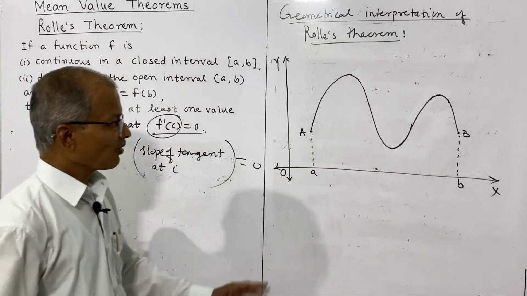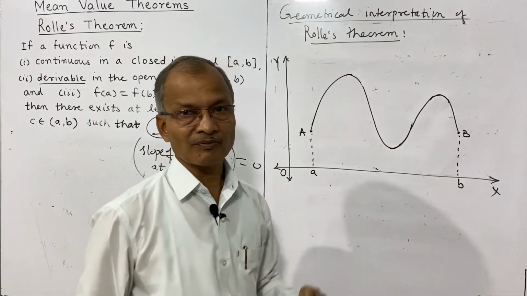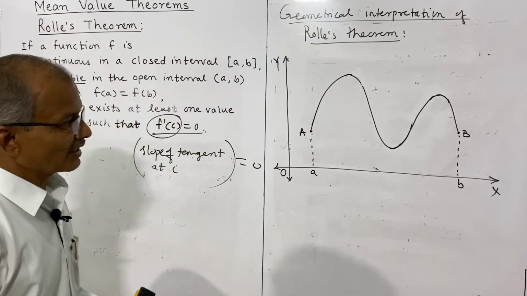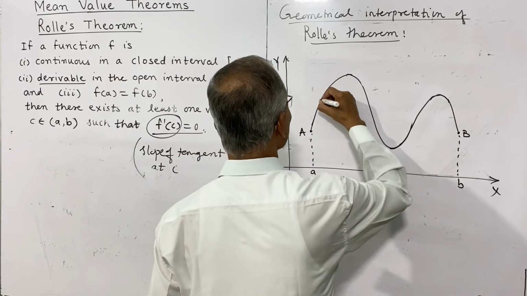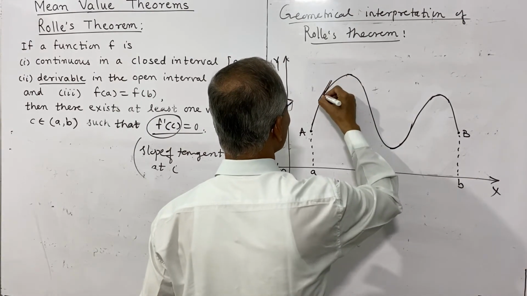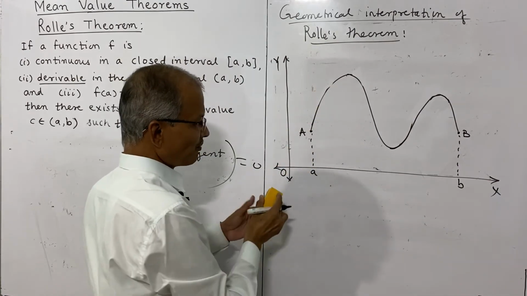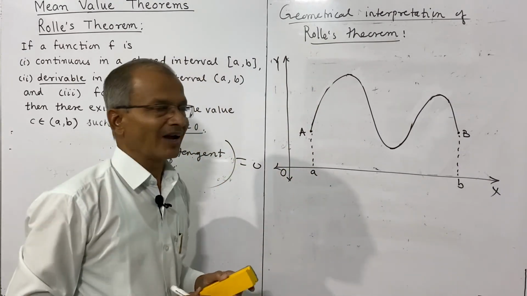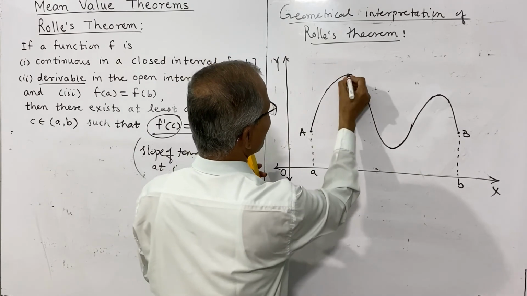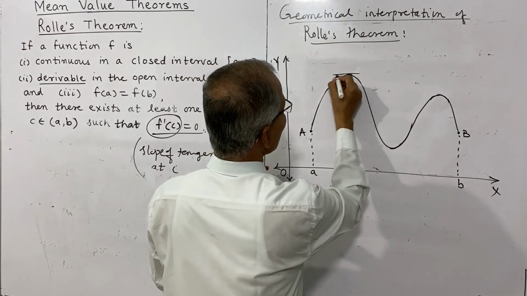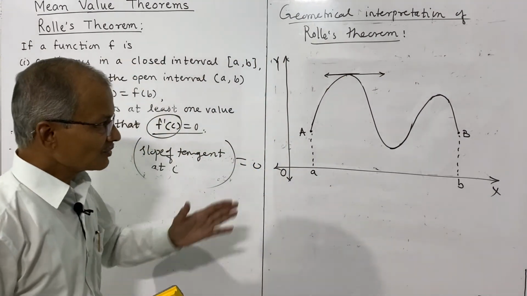Now see what are the points from this A to B of the curve, the tangents at which are parallel to x-axis. If you draw tangent at this point, then this will be like this, a line touching the curve at a single point. So tangent must be parallel to the x-axis, and we can see easily here that the tangent will rotate like this, and tangent at this point is parallel to the x-axis, and this one point exists.